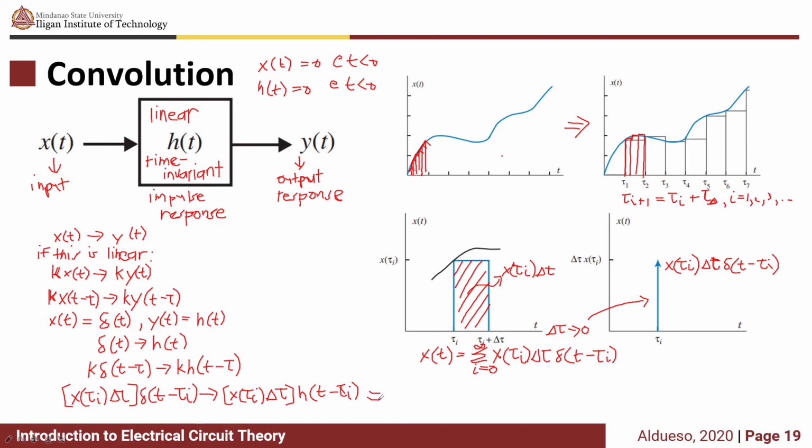This means that the output response is equivalent to the summation of the response of each impulse function, as delta tau approaches 0.